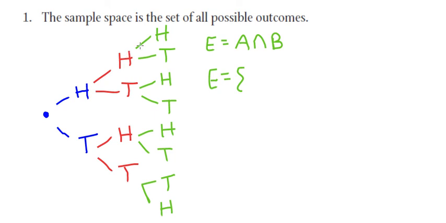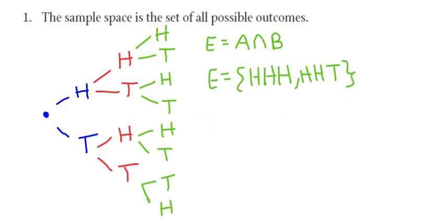That means there are 2 potential outcomes: heads, heads, heads, and heads, heads, tails. There's no other pathway where you first get 2 heads. So the way you would list that is heads, heads, heads and heads, heads, tails.